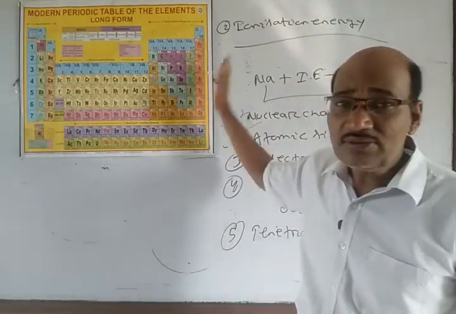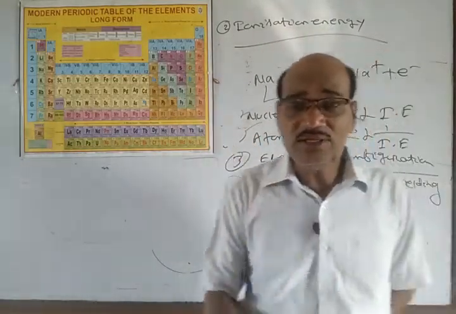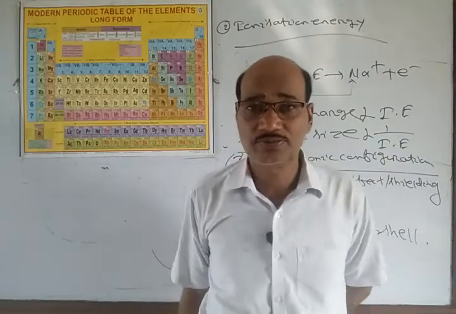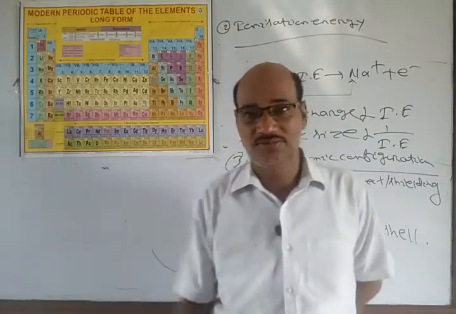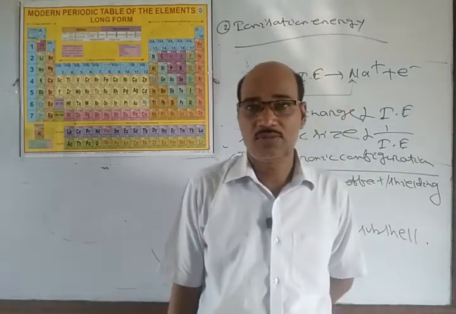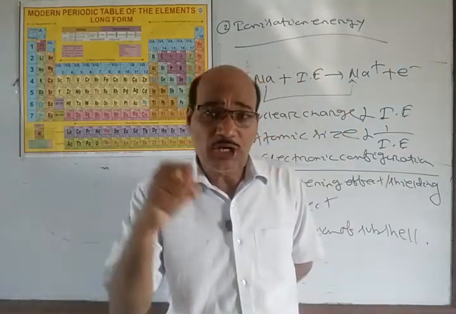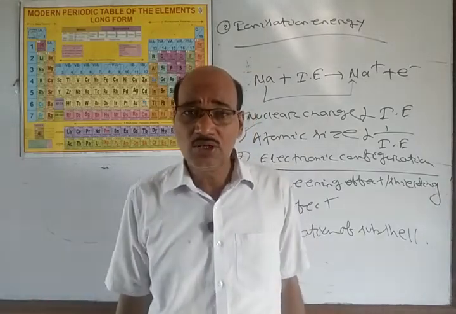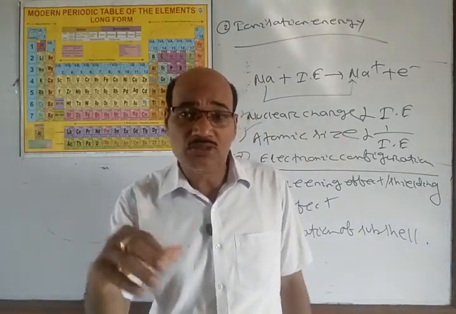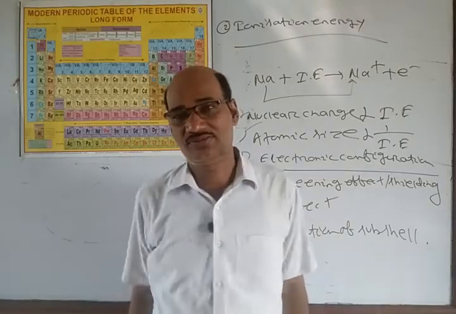Because they already have a stable electronic configuration, they don't want to lose an electron. If you want to remove an electron from the valence shell, because they are already stable, we have to spend a much larger amount of energy.